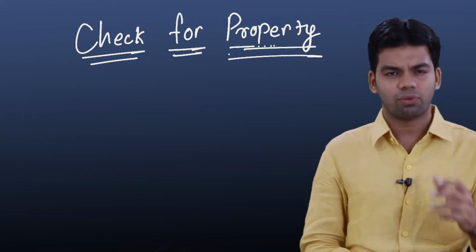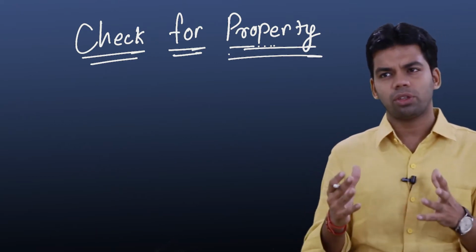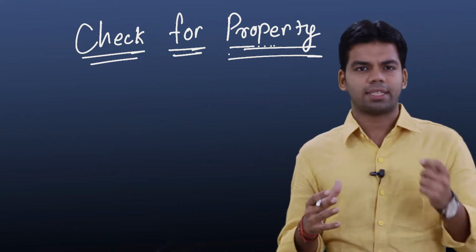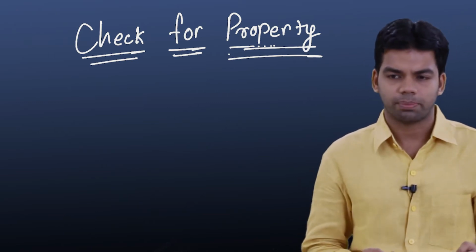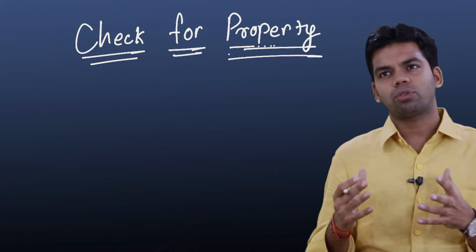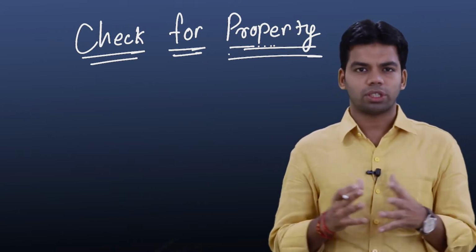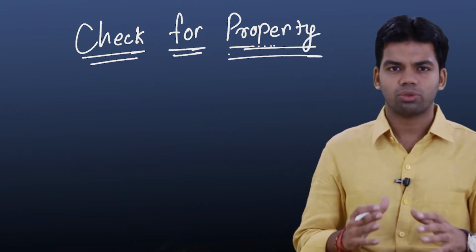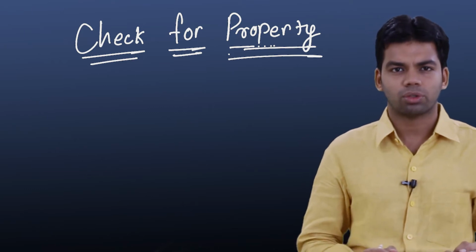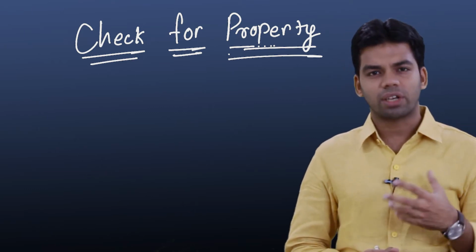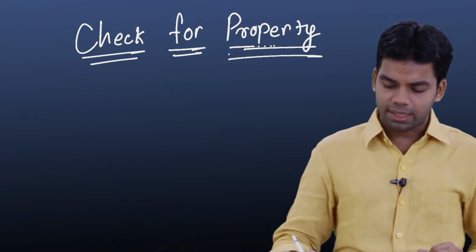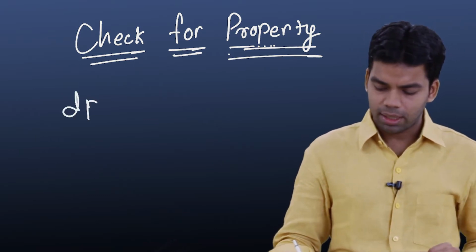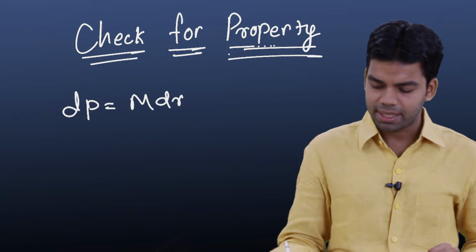किस तरीके से हम वो चेक कर सकते हैं? One thing we know is that if it is a point function, then it has to be a property of the system. All the properties are point functions. So we have to check whether that function is a point function or not, and the easiest method is to see whether the differential of that function is exact or not. For example, let's suppose we have the function dp is equal to M dx plus N dy.